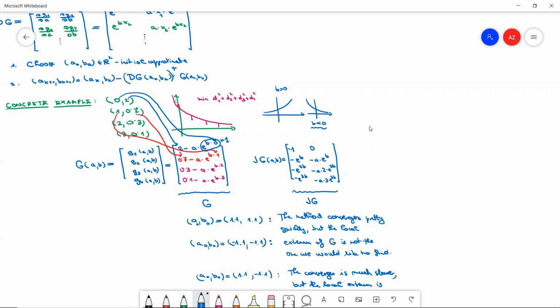Of course, we try to choose an initial approximate which makes sense. In this concrete example, the initial approximate which makes sense is the one where b is smaller than 0. So trying with b bigger than 0 doesn't make sense. Meaningful b's are those which are smaller than 0. But then we don't know how to choose a. So we try different a's and different b's and look at the solutions if they solve our problem. Otherwise, we try with another initial approximate. Okay, thank you.